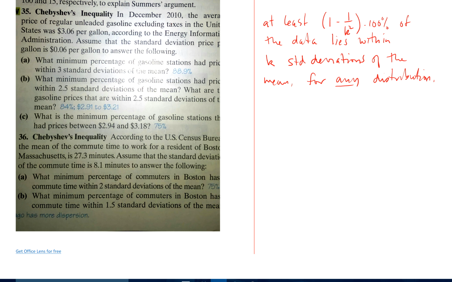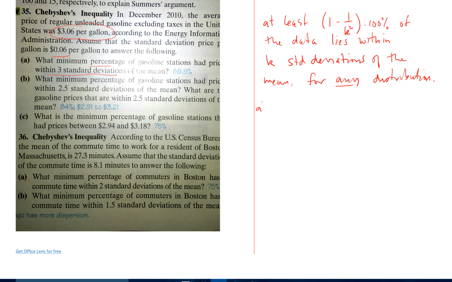So in December 2010, the average price of regulated gasoline was 3.06 per gallon. Assume the standard deviation is 0.06. What minimum percentage of gasoline stations, so all the stations, had prices within 3 standard deviations? So in other words, at least what percent? Well, it's this guy right here.